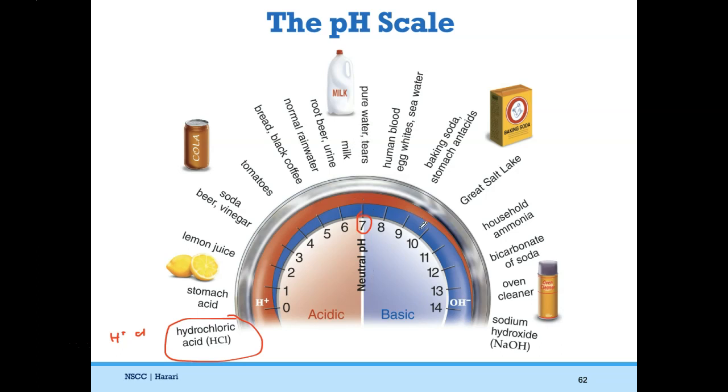Now, as we go from 7 to 14, we see an increase in the OH minus. So here we have egg whites, baking soda, which is a base, and some cleaning products like ammonia and oven cleaner are very basic. And sodium hydroxide is a very strong base because it almost fully dissociates into Na plus and OH minus in solution.